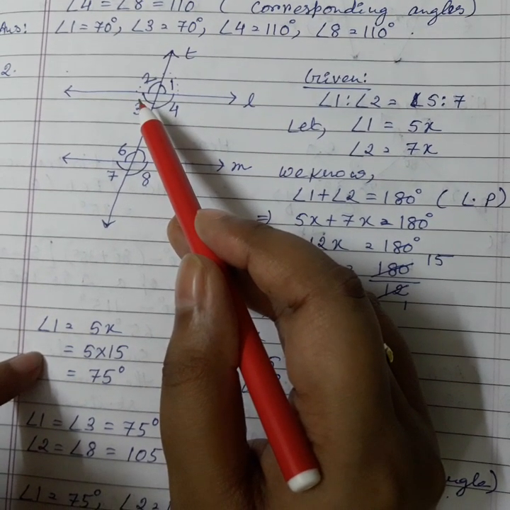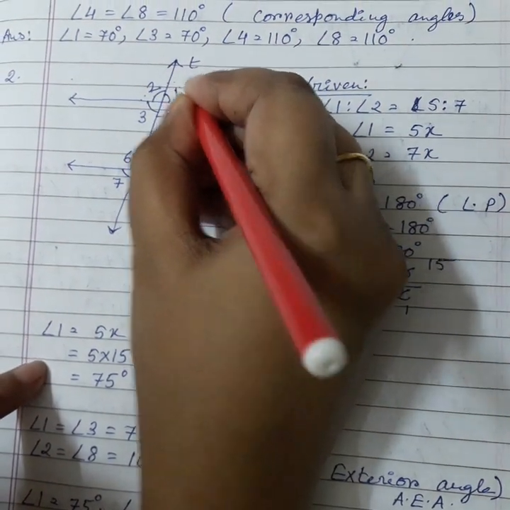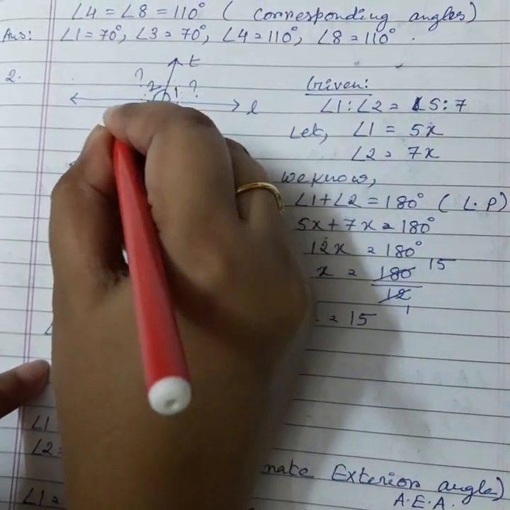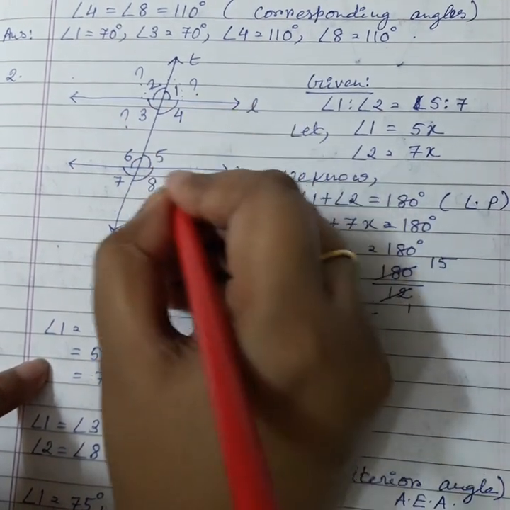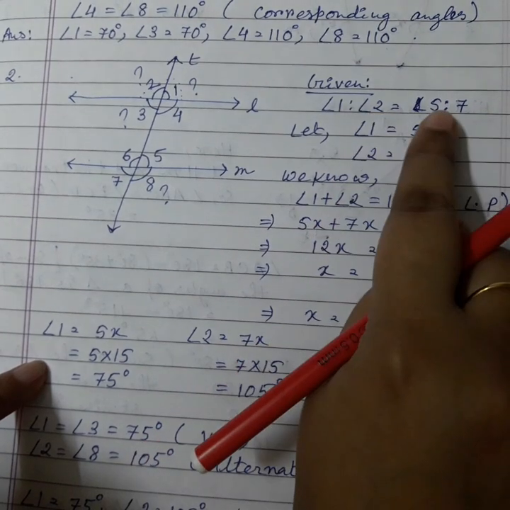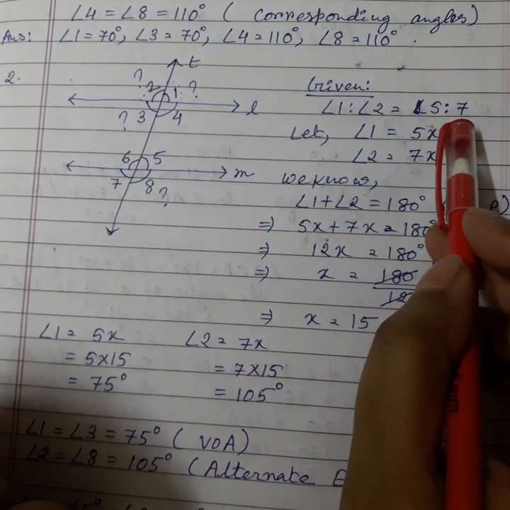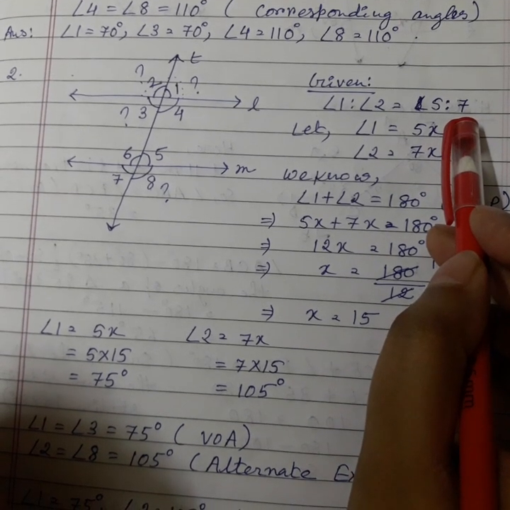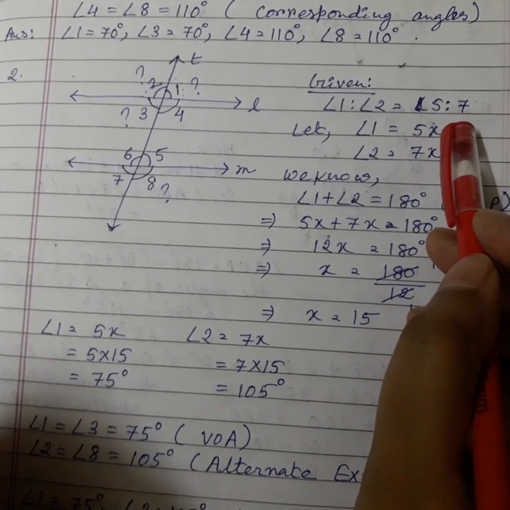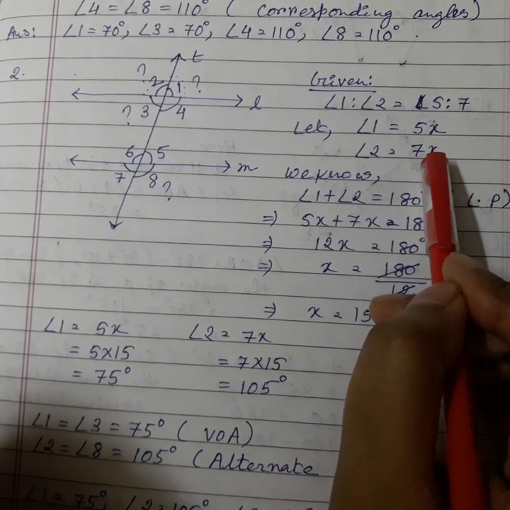You have to find the measure of angle 1, angle 2, angle 3 and angle 8. So given what? Angle 1:2 is given 5:7. So when a ratio is given in the question, we can take the angles by multiplying x. Already in the ratio proportion chapter you have done. So let angle 1 equal to 5x, angle 2 equal to 7x.